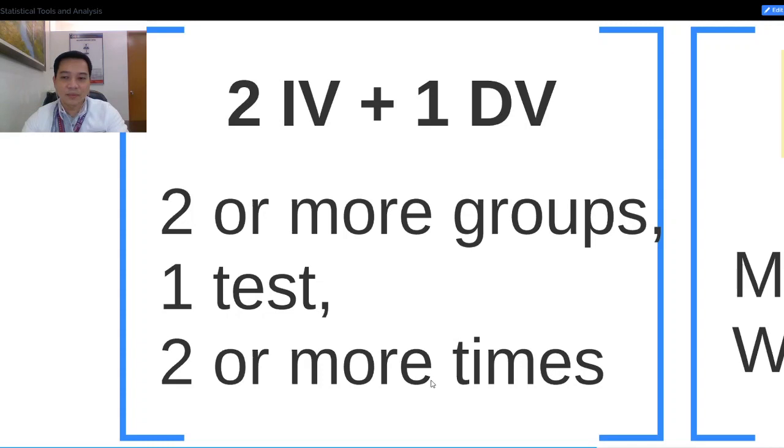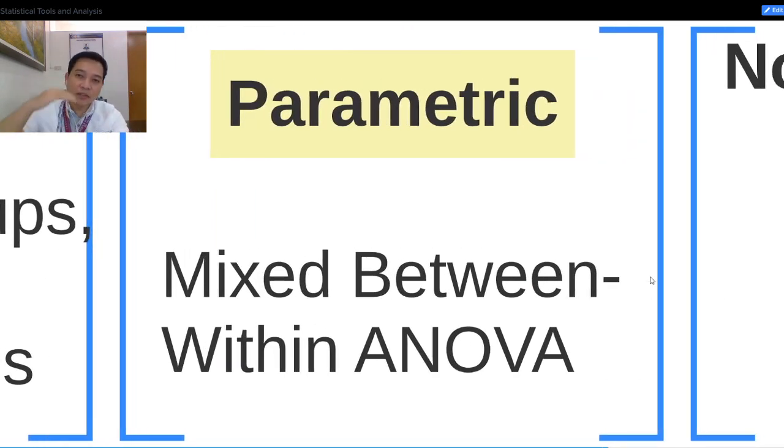Again, if you have one group, one test, but given twice, then that is the paired sample t-test. In this case, the groups are several and the times are several, but the test is still one. You have the combination of the first and the second.